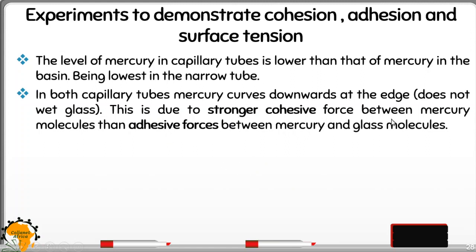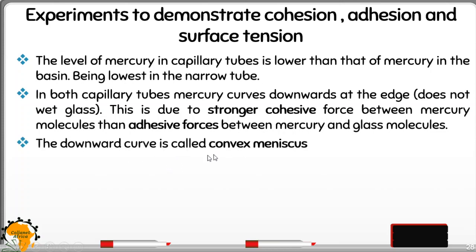In other words, the force of attraction between mercury molecules is greater than the force of attraction between mercury and glass molecules, and therefore mercury molecules tend to stay together because they are strongly attracted to one another. And then we have that convex meniscus because of strong cohesive force than adhesive force.